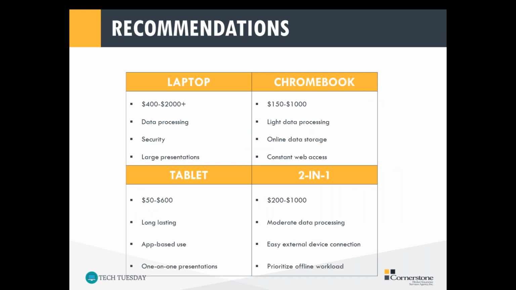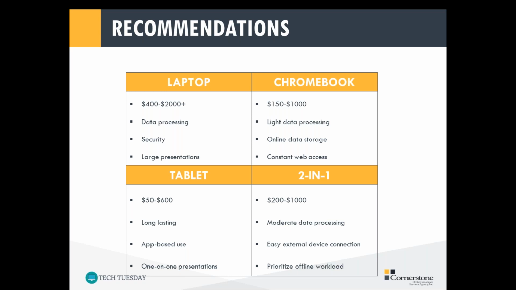Like I said, each of these 4 options has their benefits, mainly price point. For a laptop, you're going to get a lot more data processing, a lot better security, and it's going to be easier to edit and create large presentations. But you're looking between a $400 to $2,000 price range. Next up, we have the tablet, which is $50 to $600, long-lasting, uses apps primarily, not a lot of different switching around between applications, but it's great for one-on-one presentations, and it's fairly cost-effective.